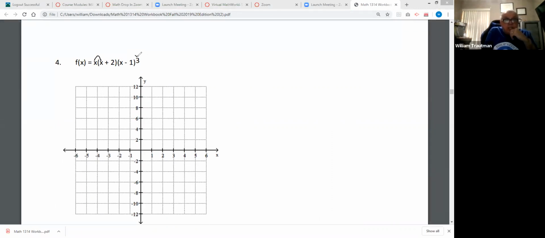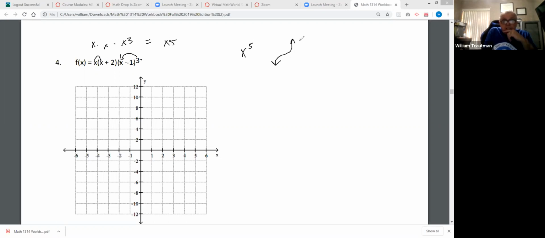And if you look here, this is x^3. There's an x here, and then there's an x minus 1 to the third power here. So when you multiply those together, you get x^5. So a positive x^5 has an end behavior. Hopefully you wrote those down.